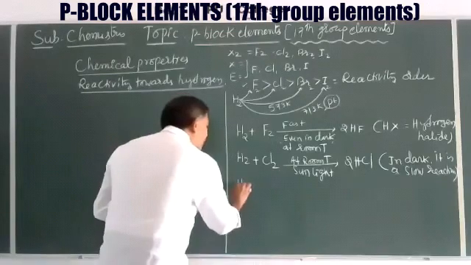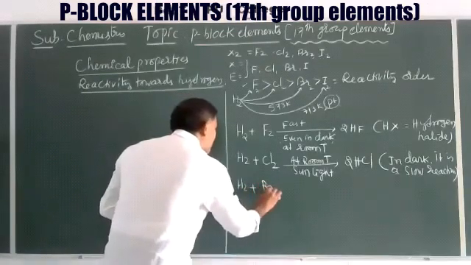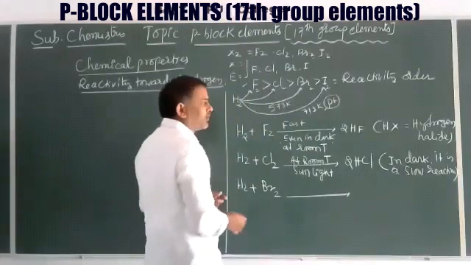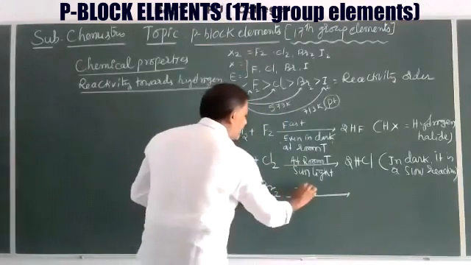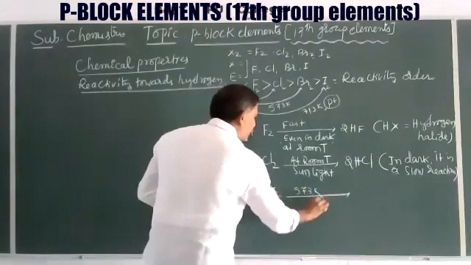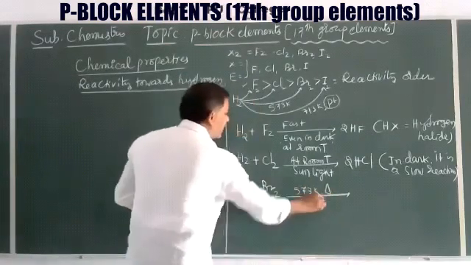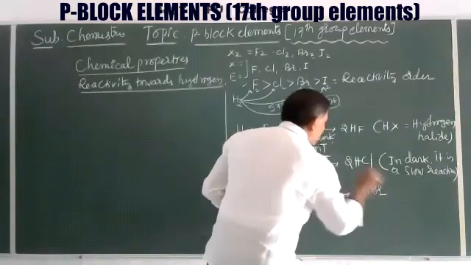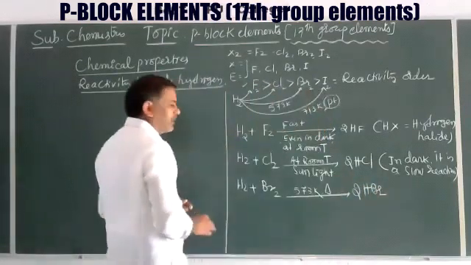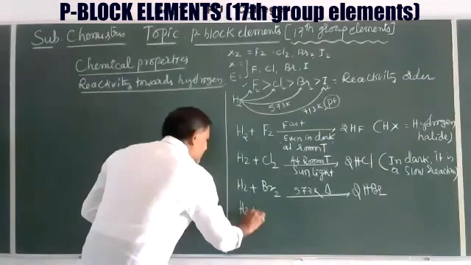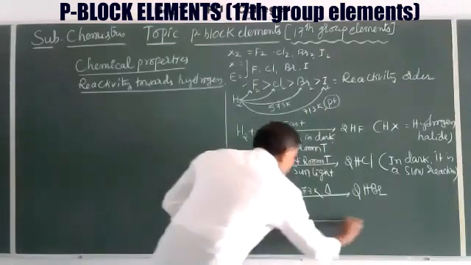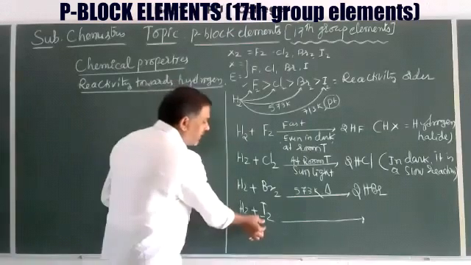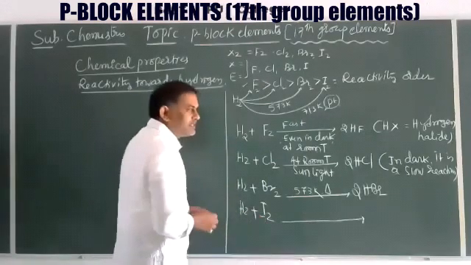In the case of bromine, it cannot react directly. A certain temperature, nearly 500 to 573 kelvin, is required. On heating only, it gives the corresponding HBr, hydrogen bromide. Now iodine combining with hydrogen at room temperature cannot take place, because iodine's reactivity is less.